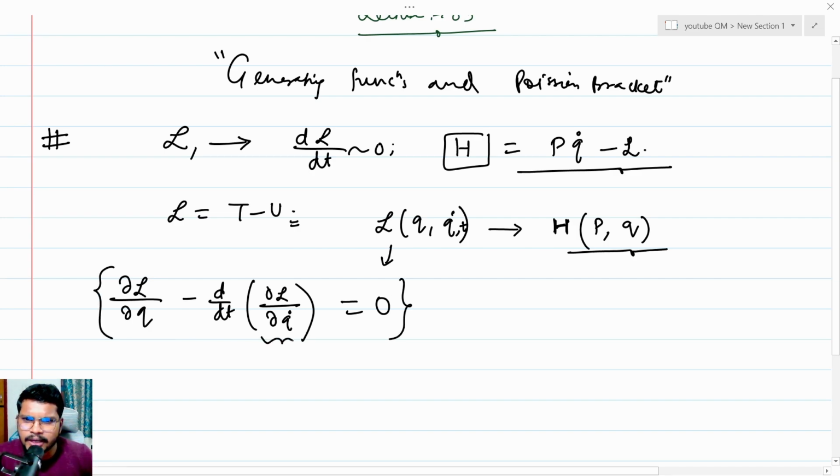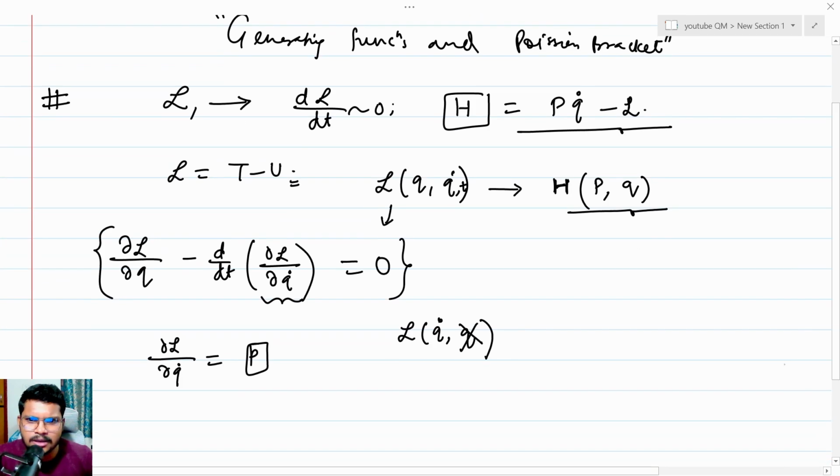And we understood that del L by del Q dot simply becomes the generalized momentum. So if somehow the Lagrangian does not contain any Q, then del L by del Q becomes 0. Then what will happen?